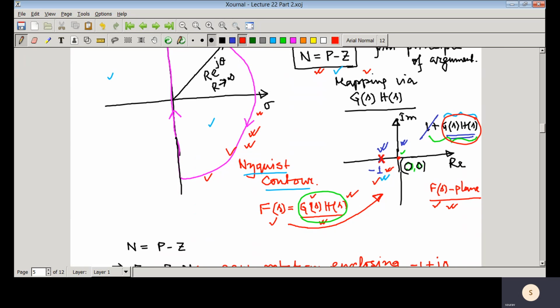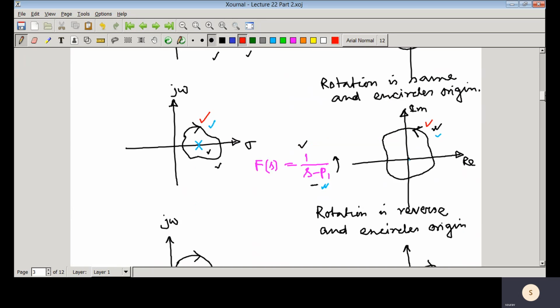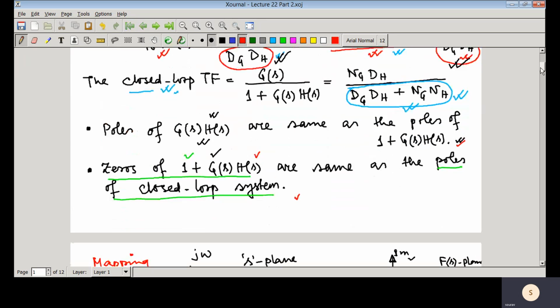At the very beginning we discussed that the zeros of 1 + G(s)H(s) are the same as the poles of the closed loop system. So we are mapping that contour via G(s)H(s), not 1 + G(s)H(s).